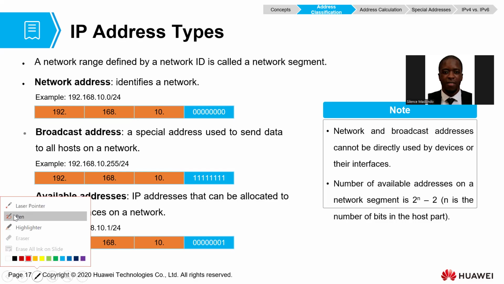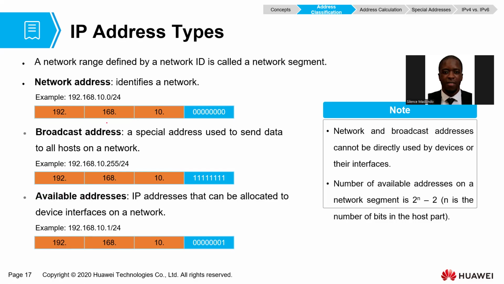So I took an example of a network 192.168.10.0, which is basically what we have here. And you realize what we call the broadcast IP address is where we have the host portion as all ones.